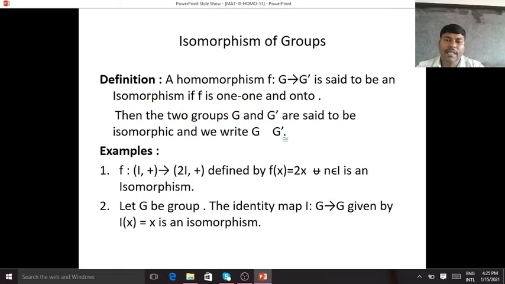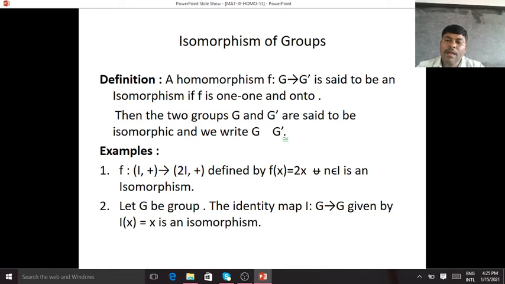Isomorphism of groups. Definition: a homomorphism f from G to G' is said to be an isomorphism if f is one-one and onto. Then the two groups G and G' are said to be isomorphic, and we write G ≅ G'.